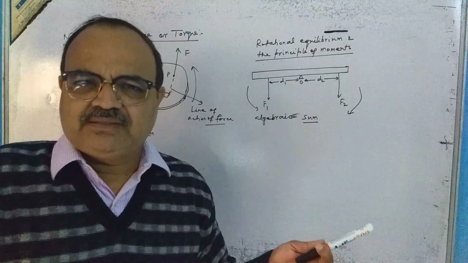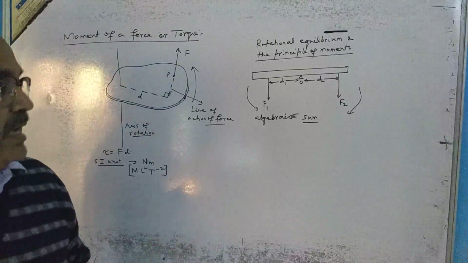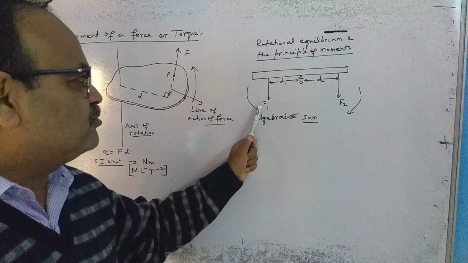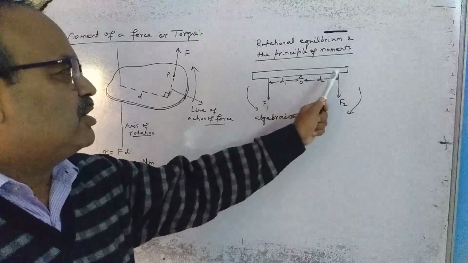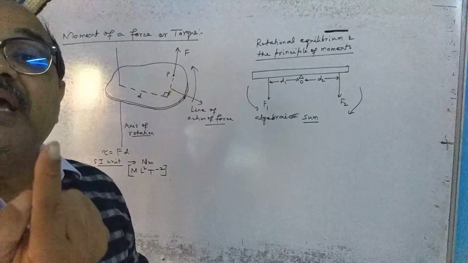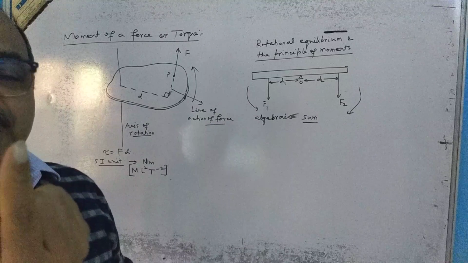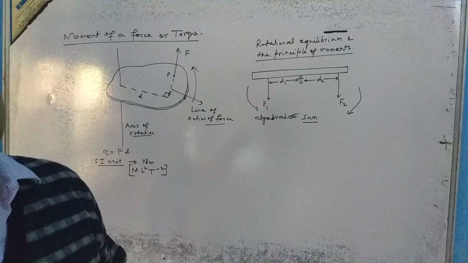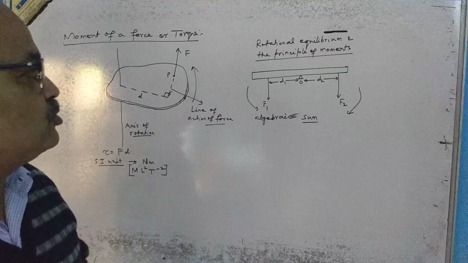You might have experienced such things happening. On this side, suppose force F1 is acting at the distance d1. On this side, force F2 is acting at the distance d2 from the point at which the body is pivoted. Then what should happen?